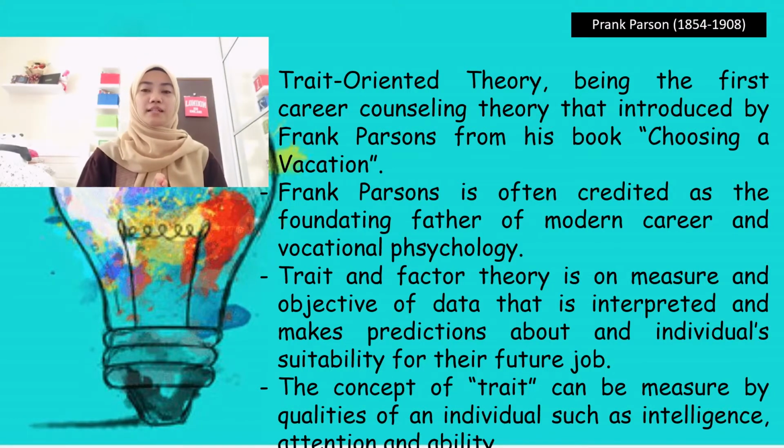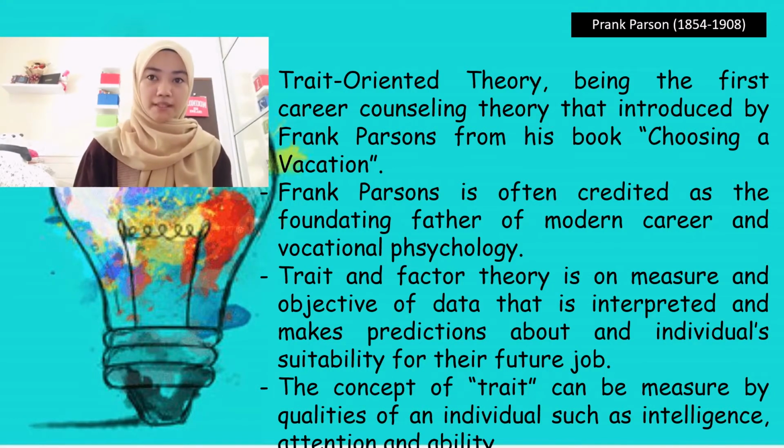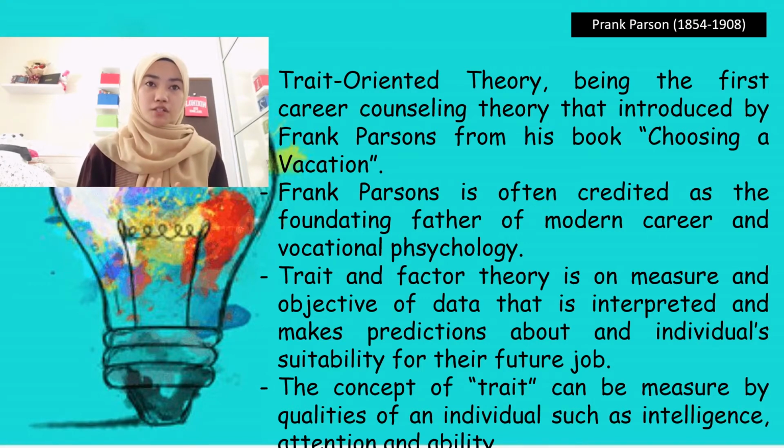The introduction of this topic, trait-oriented theory, is that it was the first career counseling theory, introduced by Frank Parsons in his book Choosing a Vocation. Frank Parsons is often credited as the father of modern career and vocational psychology.